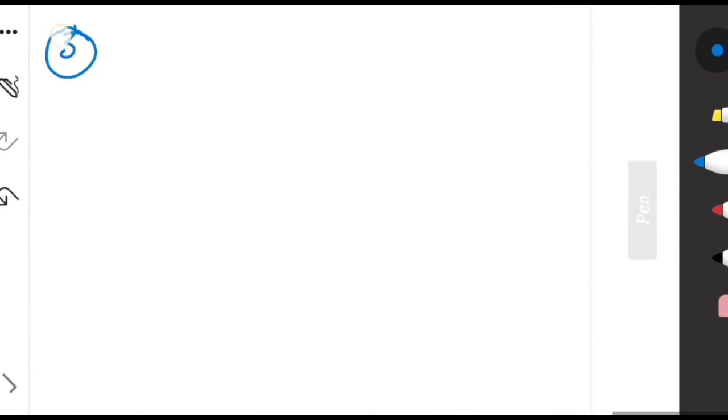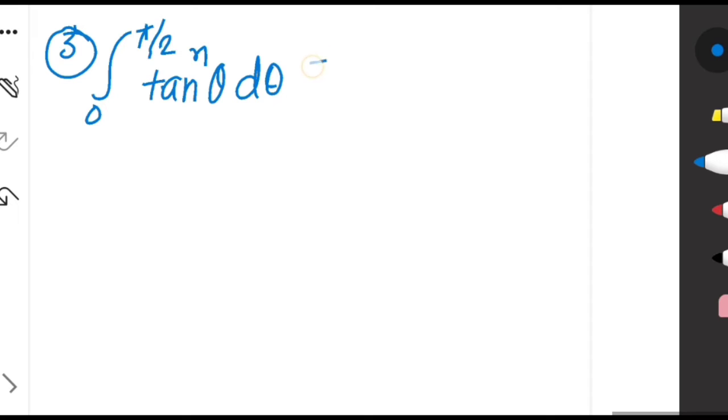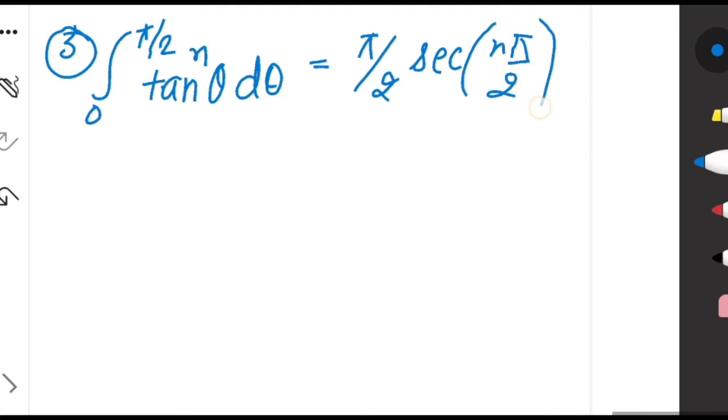The third example is the integral from 0 to pi by 2 of tangent to the power n theta d theta, and you have to prove that this integral is equal to pi by 2 secant n pi by 2. Again we are starting from the left hand side.